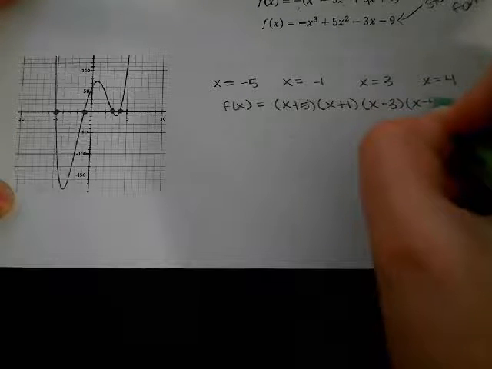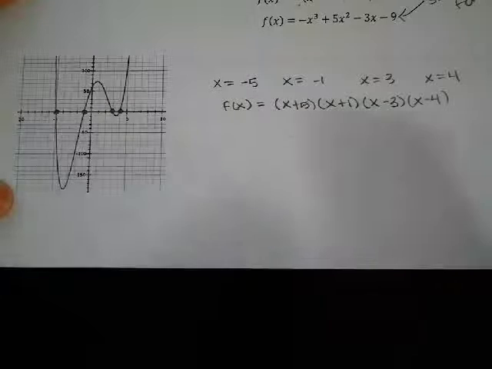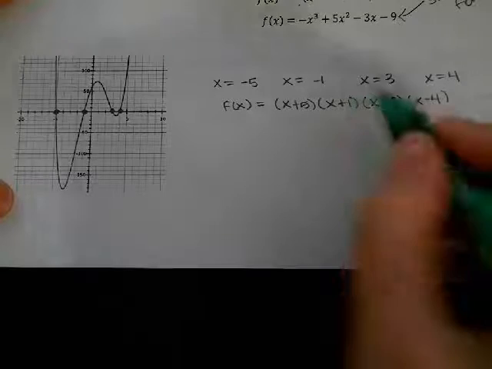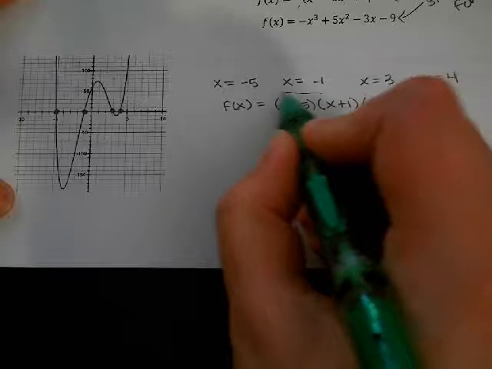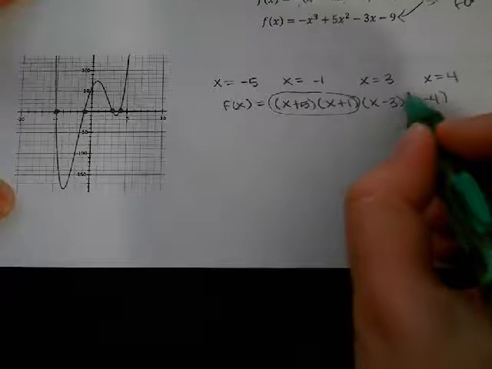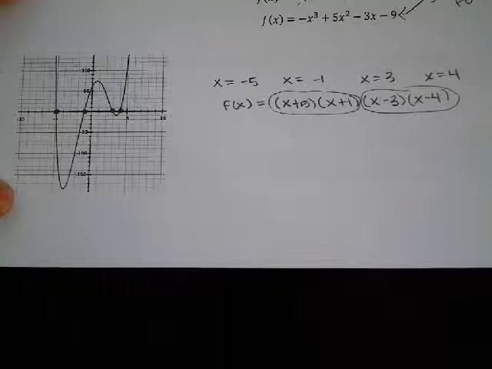Okay, so when we FOIL, we can only FOIL two sets of parentheses at a time. So what I want you guys to do is take a moment, and you're going to FOIL the first two and see what you get. And you're going to FOIL the second two sets of parentheses and see what you get. Okay? FOIL the first two, see what you get. FOIL the second two, see what you get.